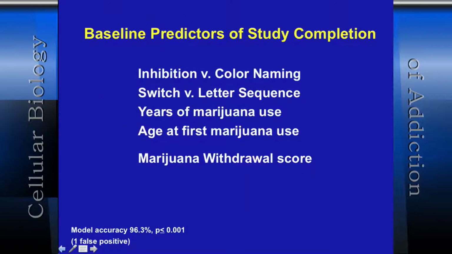But because dropout is such a problem with these marijuana patients, we looked at all the baseline measures to see what is associated with dropout so we could try to head it off at the pass. What we found was that problems with executive function and severity of marijuana dependence were the two uber issues that really drove the early termination, the flying off never to be seen again, and you can't really do a whole lot about that.